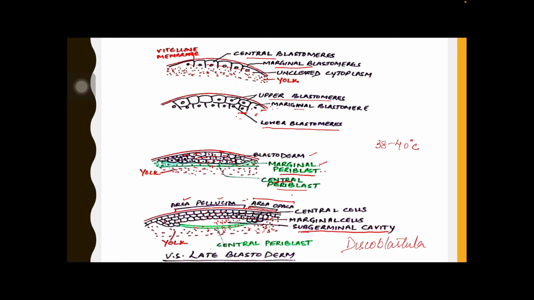So we all know that hen provides this temperature by sitting over the egg, and this process is called incubation. So hen incubates its egg to provide a temperature of around 38 to 40 degrees Celsius, right? And it takes 21 days for the egg from incubation to hatching.